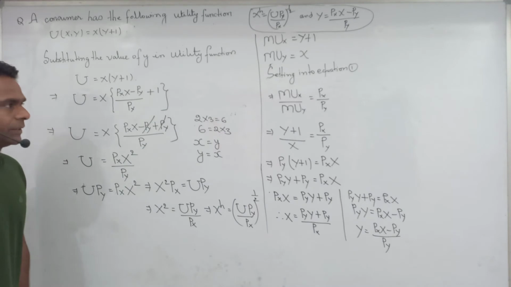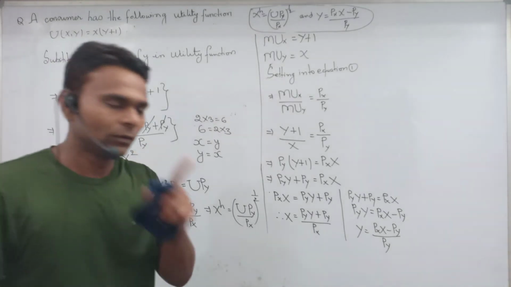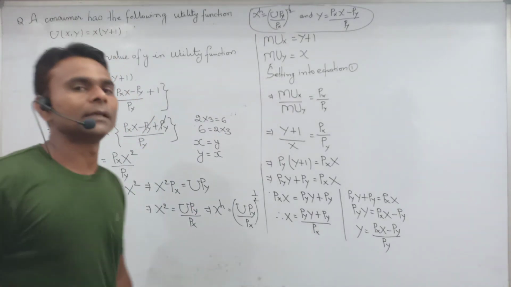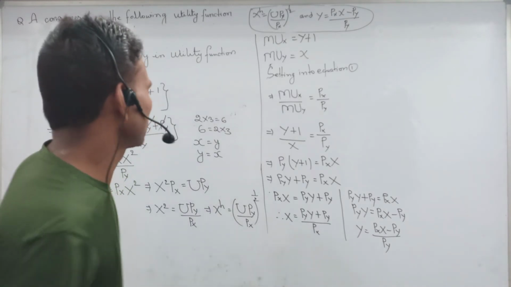Now we need to substitute the value of x in order to have Hicksian demand function for commodity y.